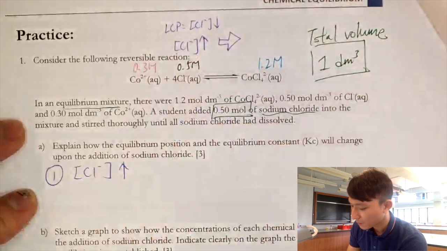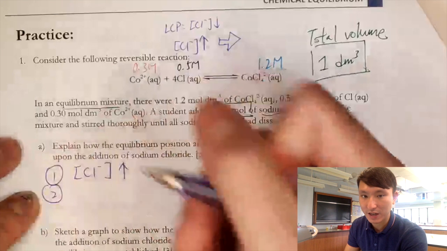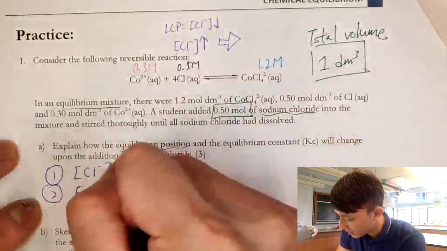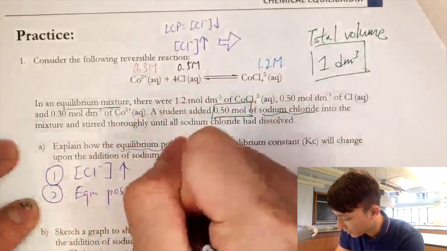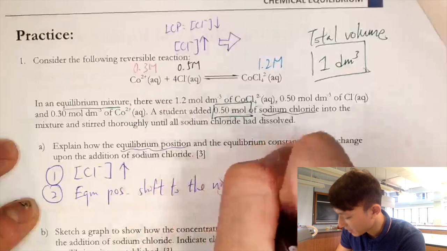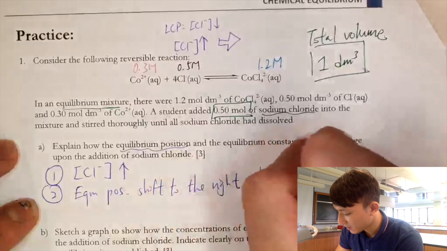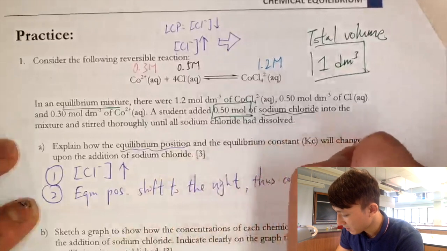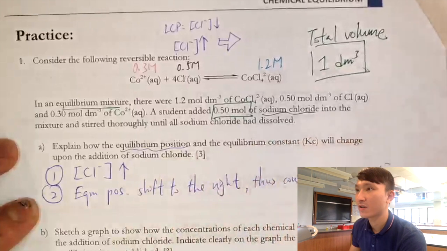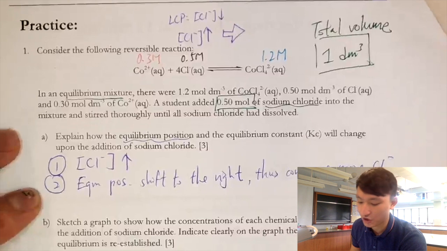So that makes sense. So this is what we're going to write down next about the equilibrium position. The equilibrium position will shift to the right, thus consuming more chloride ion, so counteracting the change.